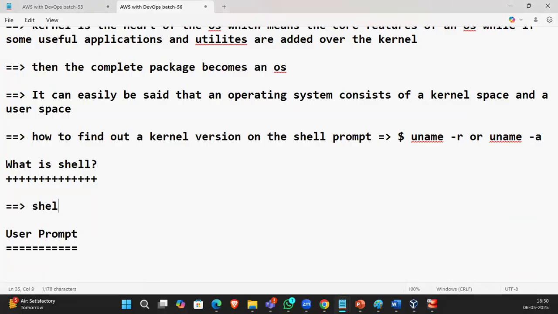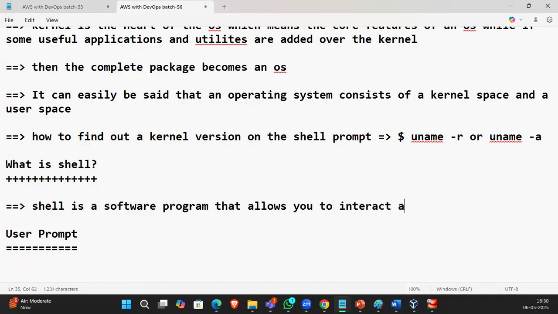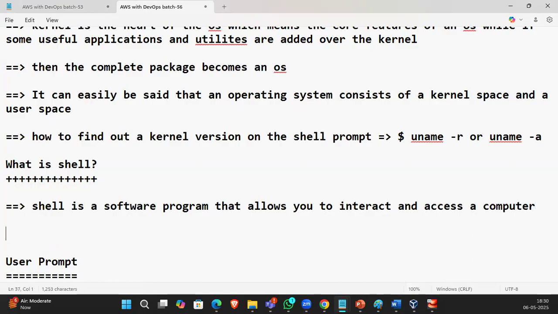So shell is a software. What is that, guys? Shell is a software program that allows you to interact and access a computer system.